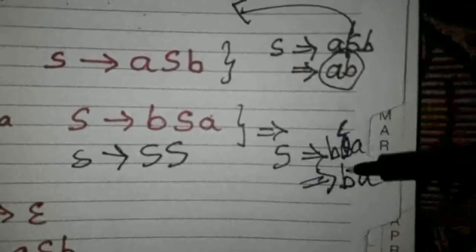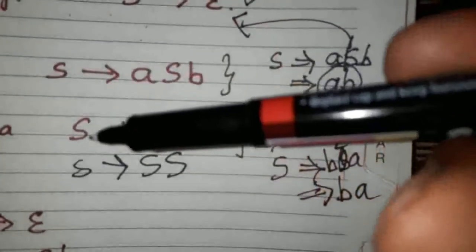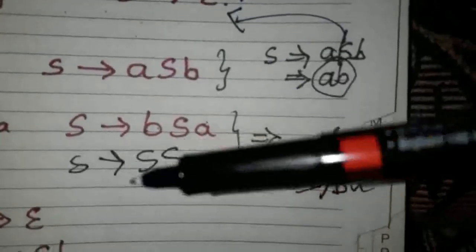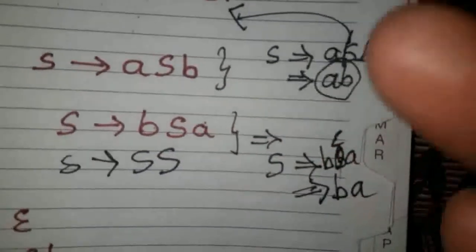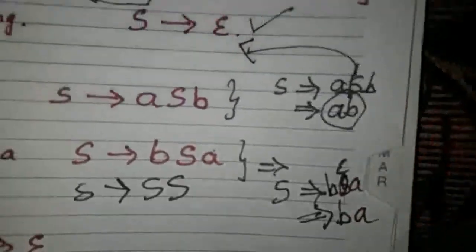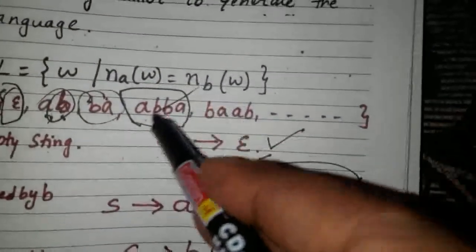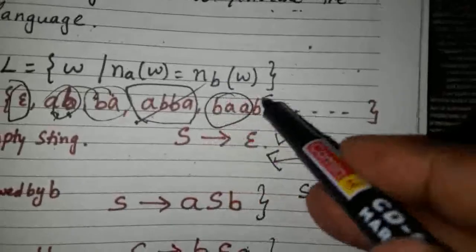So if I combine these two S's together, in SS it is starting with A and ending with A. Similarly, if I take the reverse of it, it is starting with B and ending with B. So I can easily get this string as well as this string.